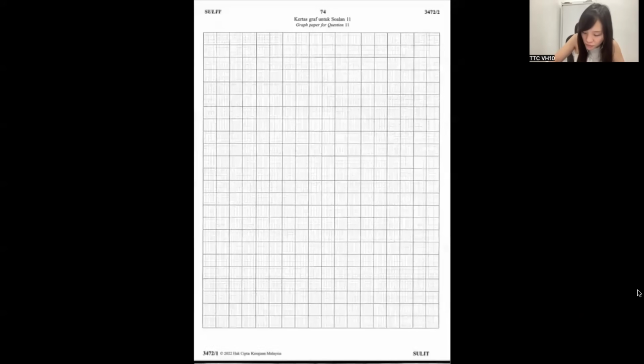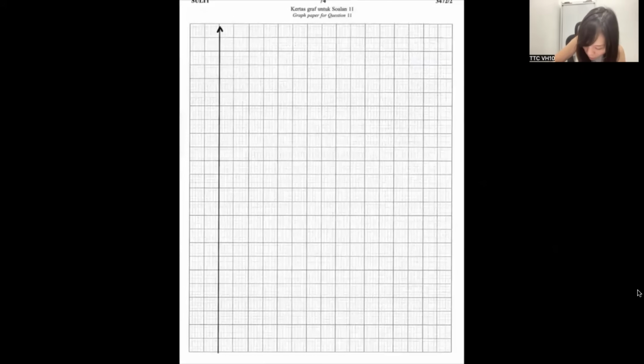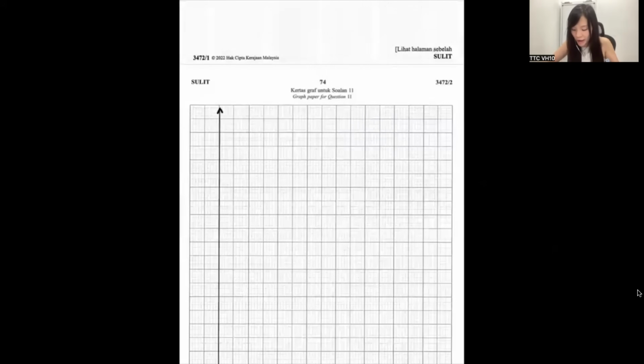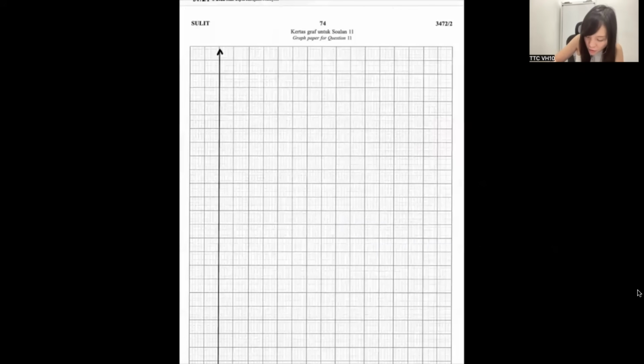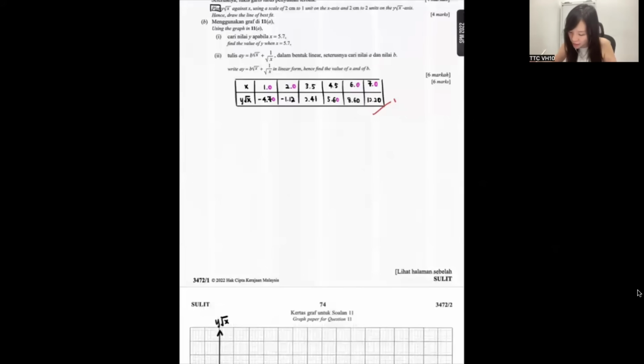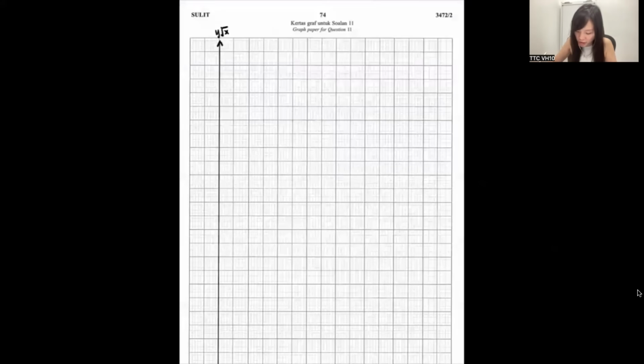Wait. So this part, I will draw. Hey, what happened to my line, man? Okay. This part is my y square root x axis. Sorry, look back. Okay. So guys, another one is the x-axis. Every single 2 cm is what? 2 cm is 2 units.